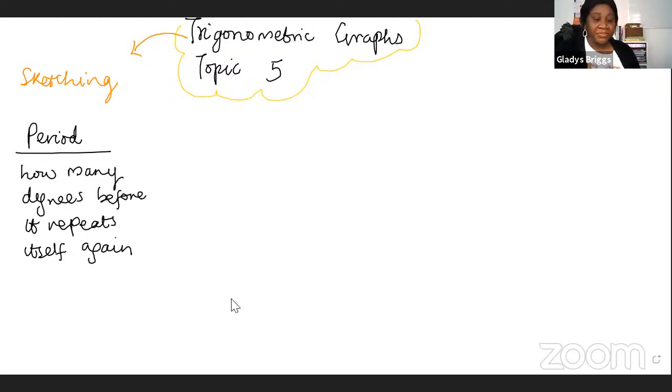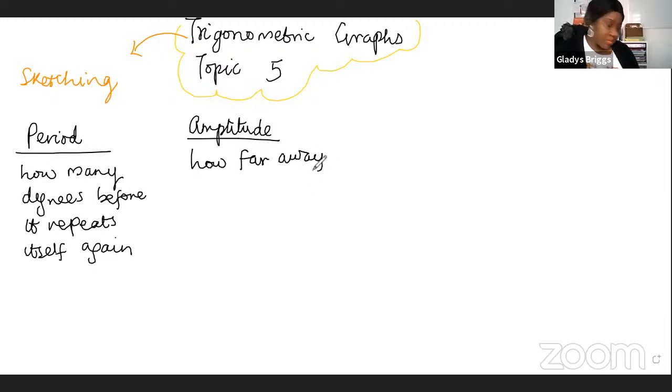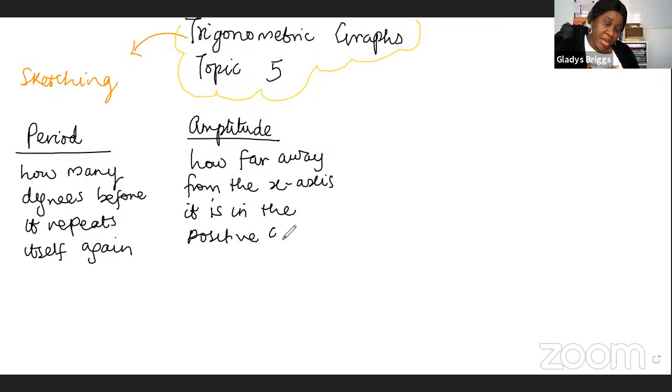The amplitude is how far away from the x-axis it is in the positive and the negative direction, okay? Positive and negative direction.